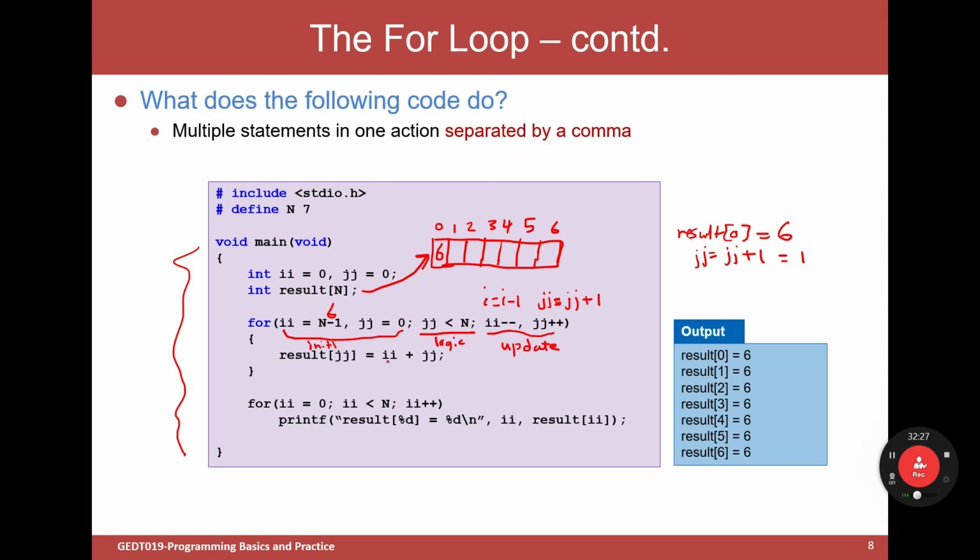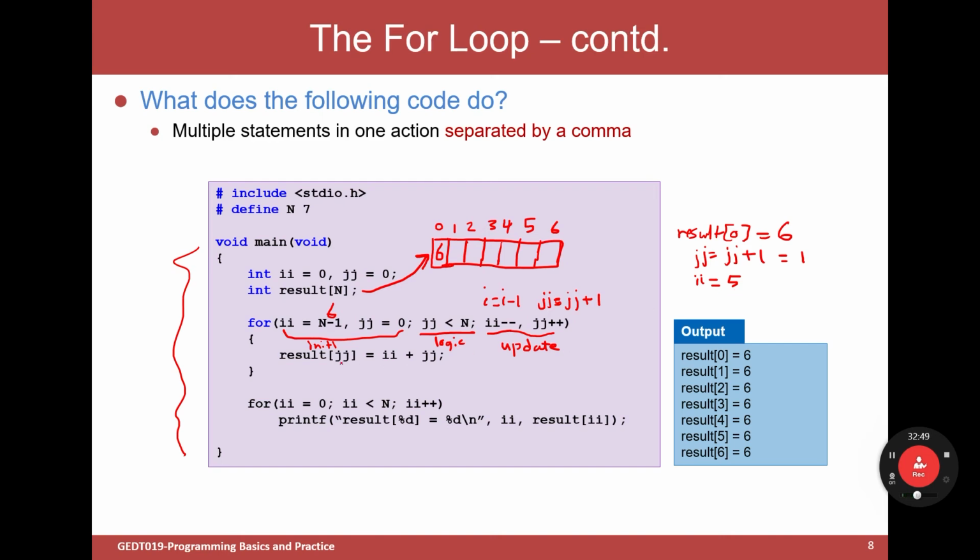Result 1 is equal to ii plus jj, and ii changed in the previous loop. In the previous loop there are two things here: jj plus plus and ii minus minus. So ii became 6 minus 1, which is 5. So jj became 1 and ii became 5.